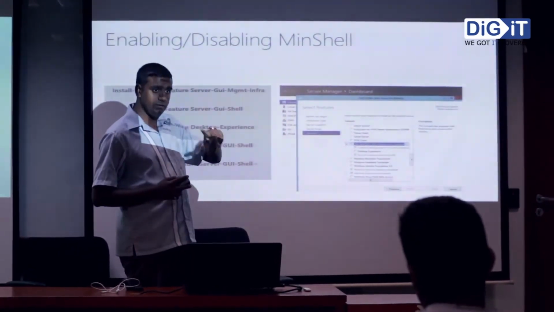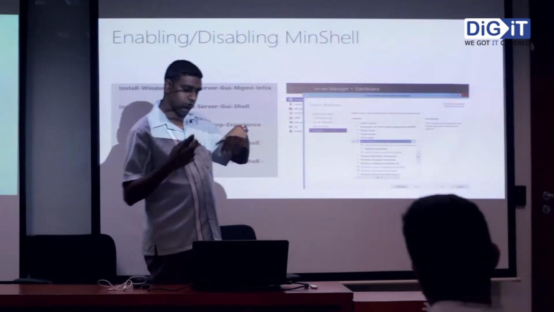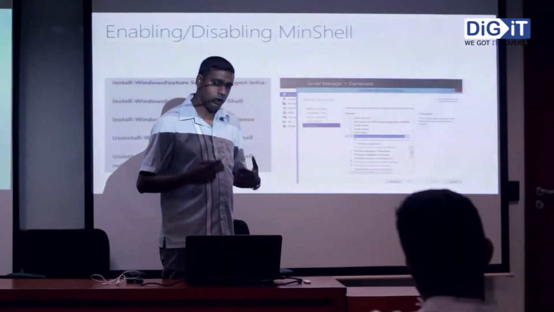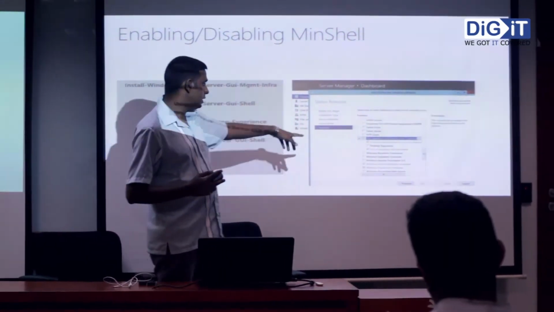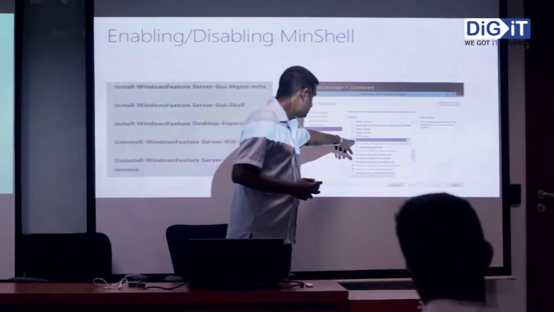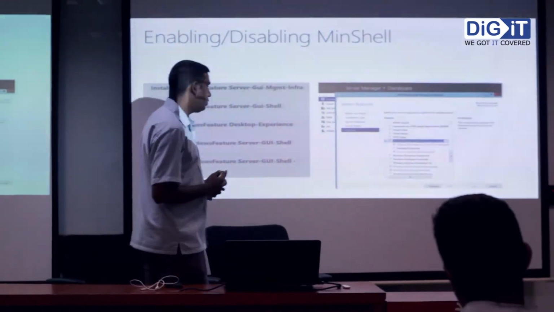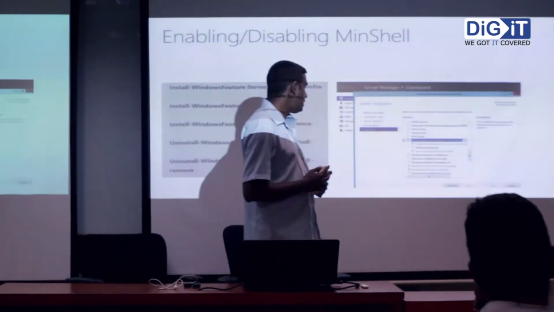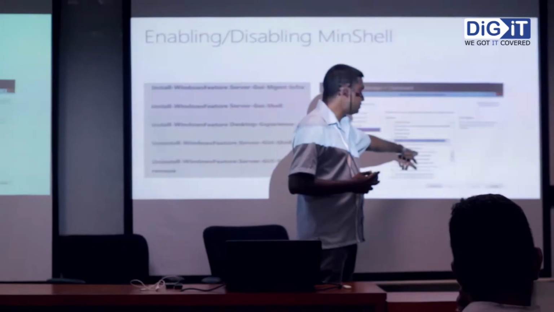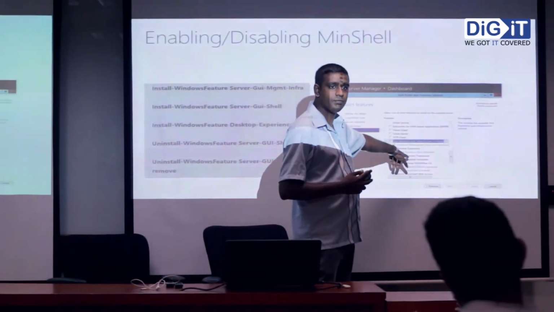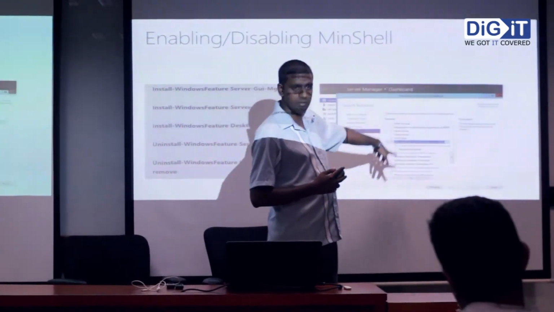When you install Windows Server 2012 R2 on a server, by default you are getting these two sub features installed. Once you remove the server graphical shell sub feature, you get the minimal shell.